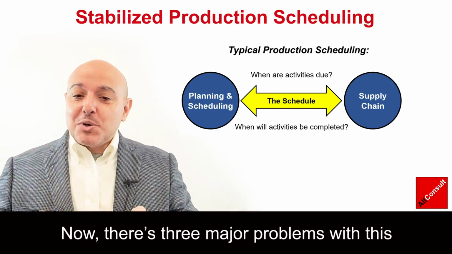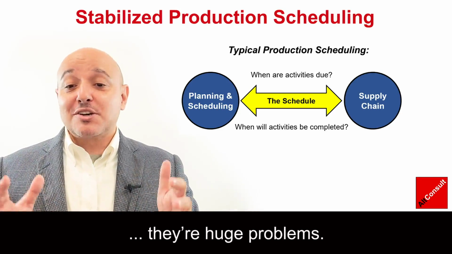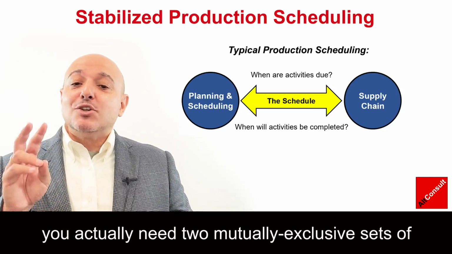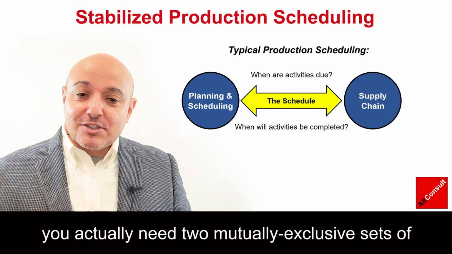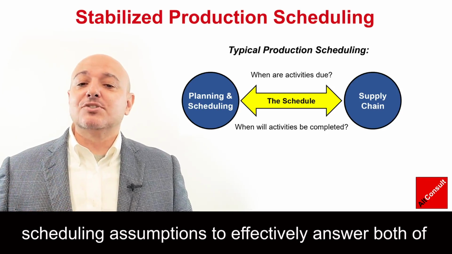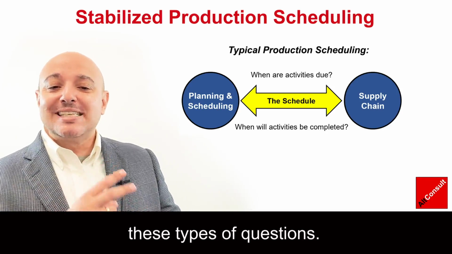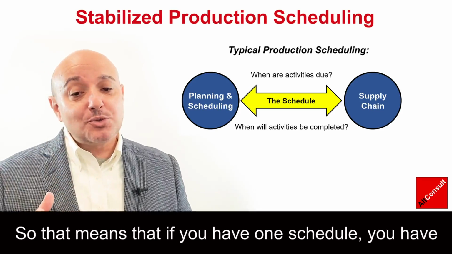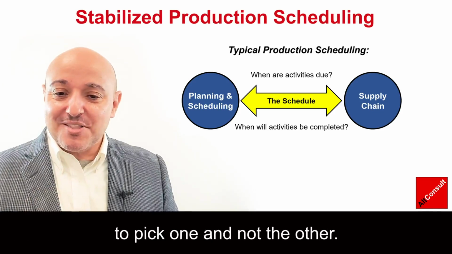Now, there's three major problems with this. They're huge problems. First, you actually need two mutually exclusive sets of scheduling assumptions to effectively answer both of these types of questions. So that means that if you have one schedule, you have to pick one and not the other.